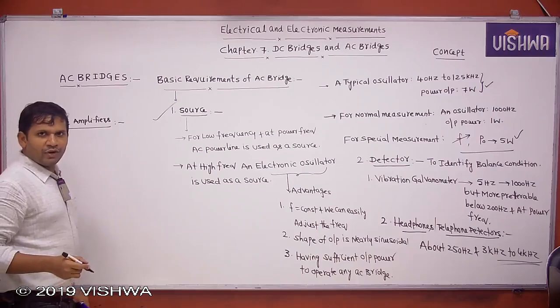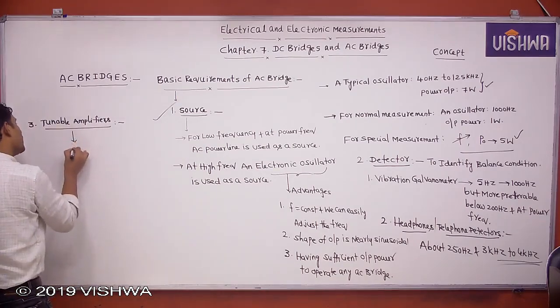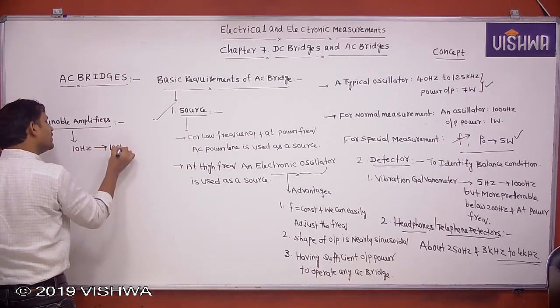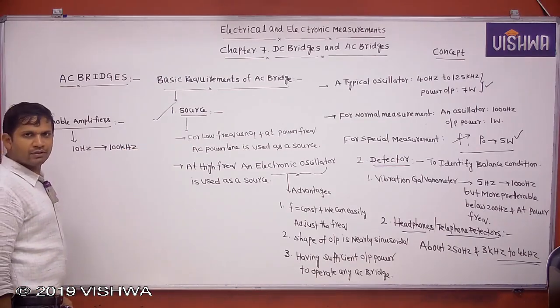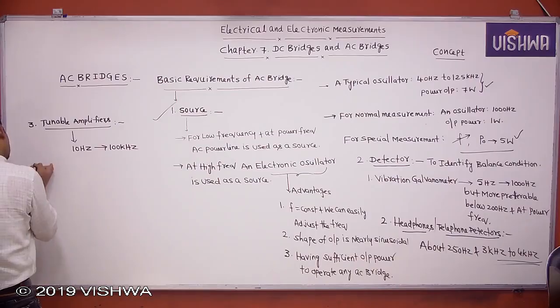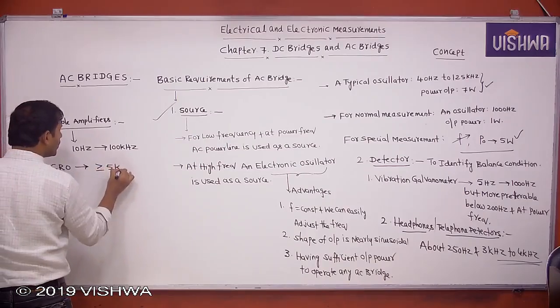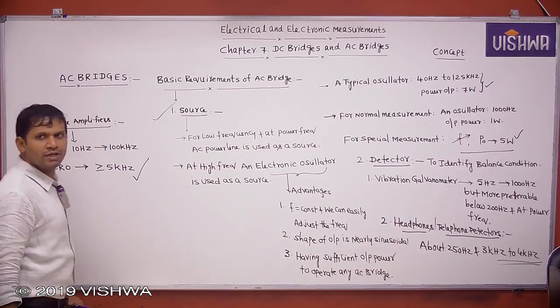These are used for a wide frequency range of 10 Hz to 100 kHz. Then in some applications the CRO is also used as a detector, but it is used for frequencies greater than or equal to 5 kHz.